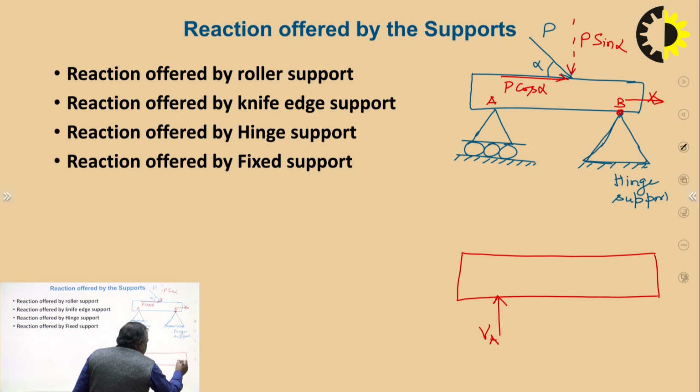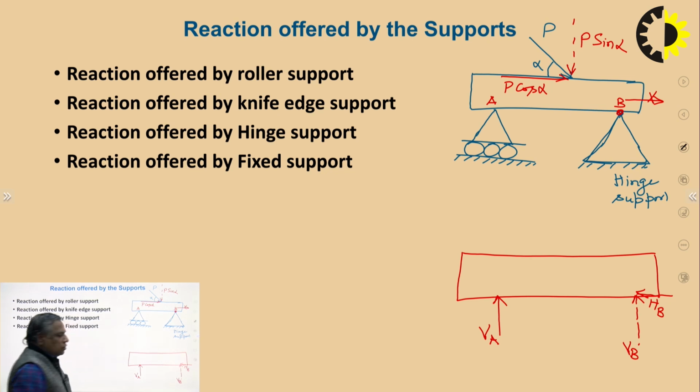So it will offer two reactions. One is VB and another will be HB. HB stands for the horizontal.